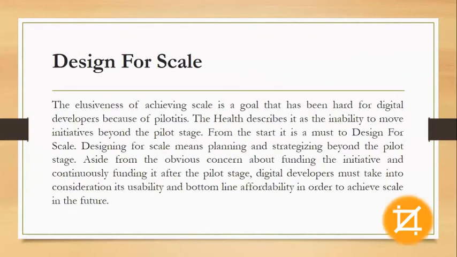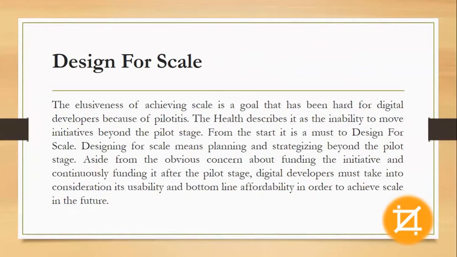The next principle is design for scale. Achieving scale is a goal that has been hard for digital developers because of pilotitis, which is described as the inability to move initiatives beyond the pilot stage. From the start, it is a must to design for scale.